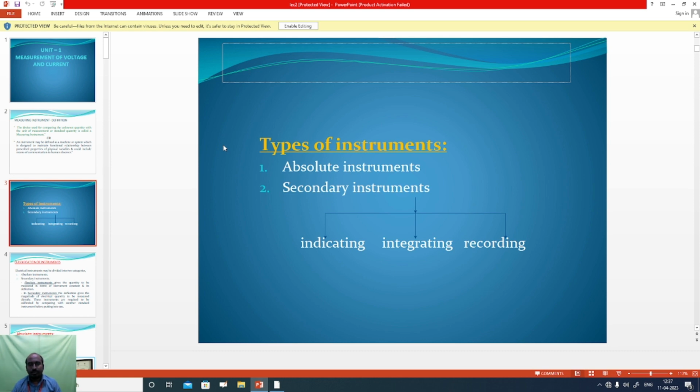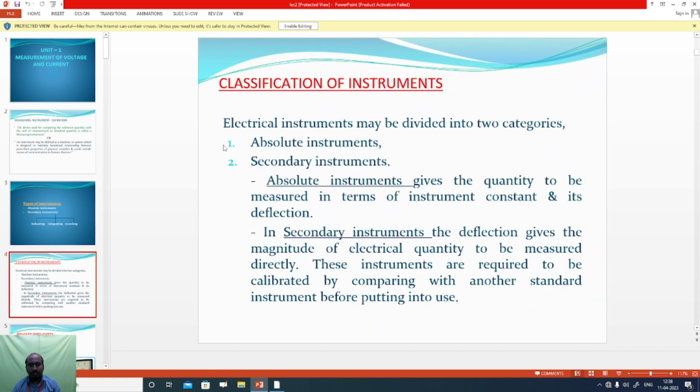The instruments can be broadly classified into two: absolute and secondary type of instruments. Under the secondary type, they can again be subclassified as indicating, integrating and recording type of instruments. Let's see it in detail. Classification of instruments.